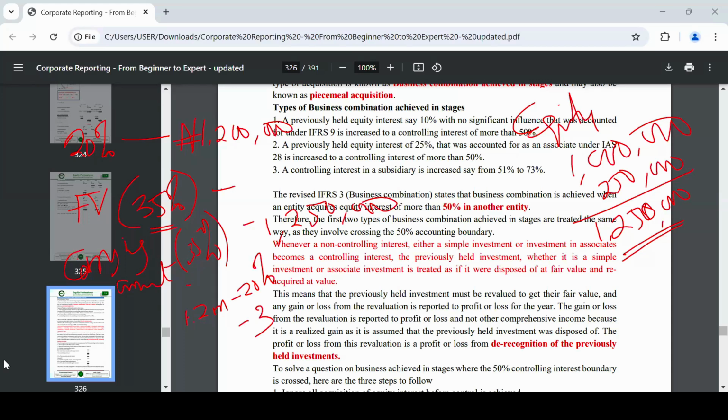So this is what I was saying. The carrying amount is 1,250,000, like I have calculated here. I am asking myself, 1.2 million gave me 20%. This is the fair value for 20%. Then what is the fair value for 35%? Let's say this is X. I'll cross multiply, you remember that math.